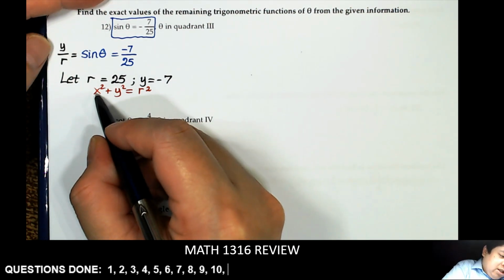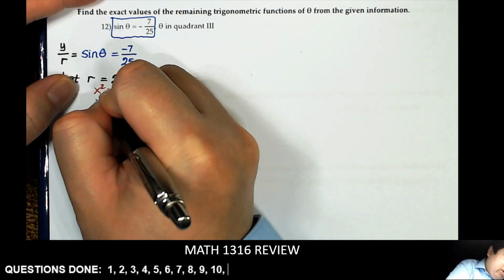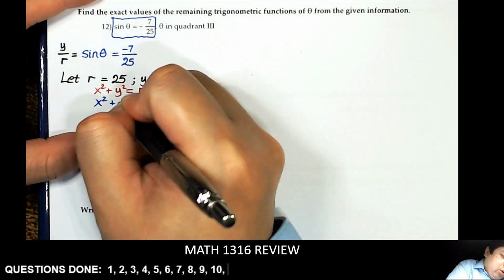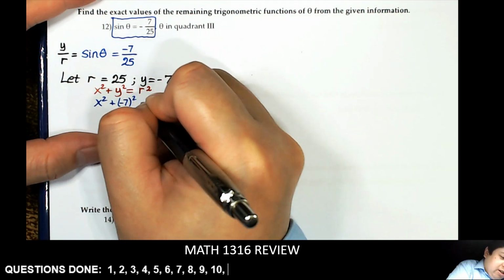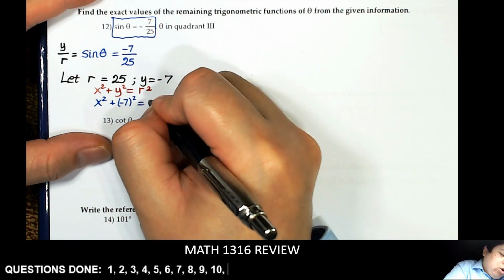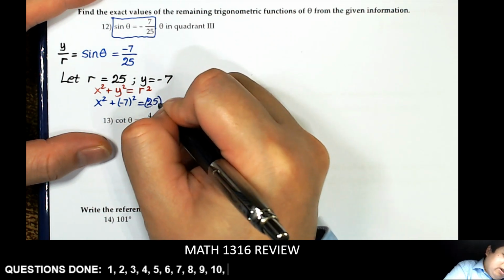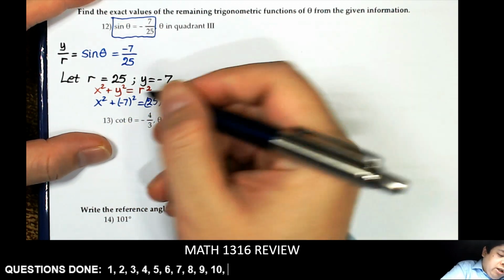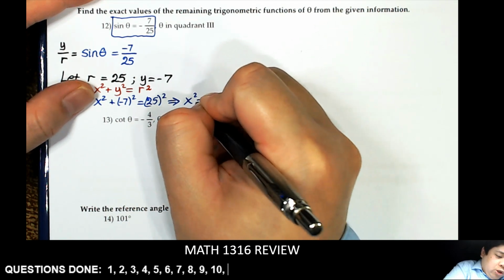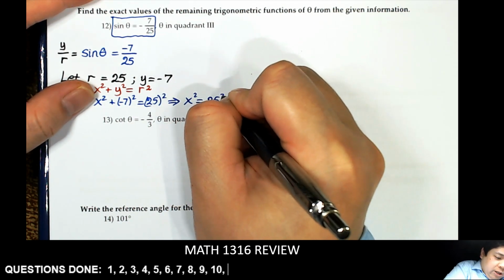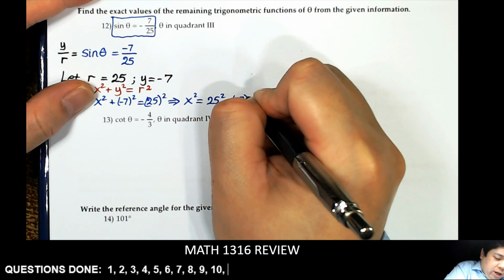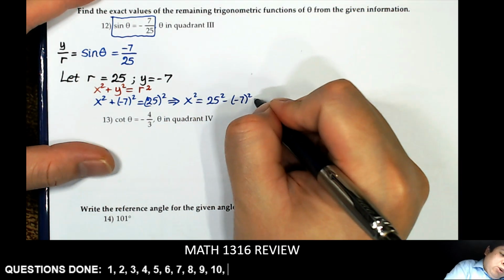We have x squared we don't know, y we know is negative 7, and r we know is 25. So we have x squared equal to 25 squared minus negative 7 squared.